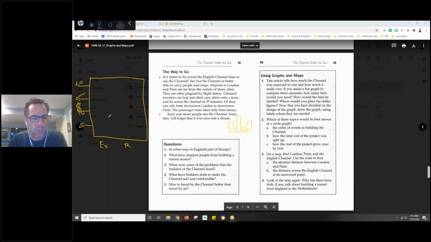And remember, with these charts you have to be consistent with the units that you're using on the left-hand side. You can't do like 5, 8, 16, 34, it has to be the same units.